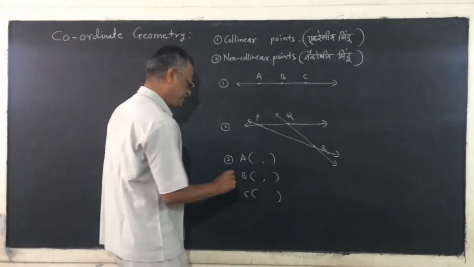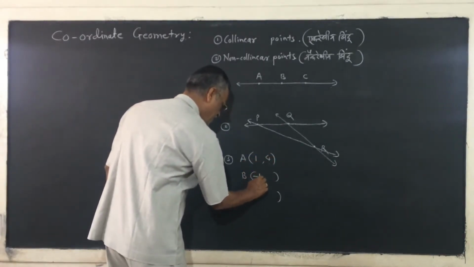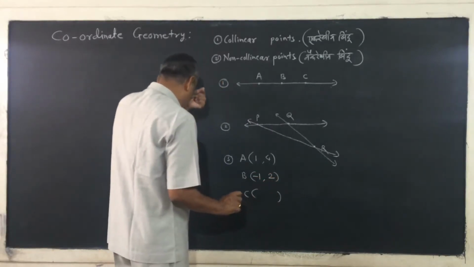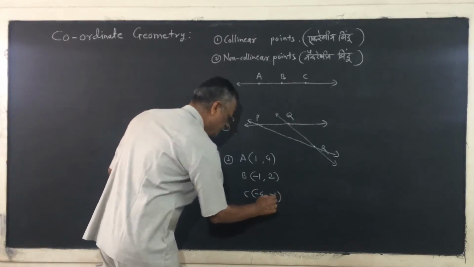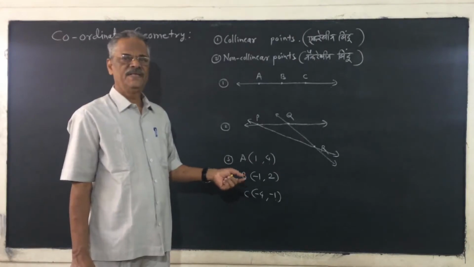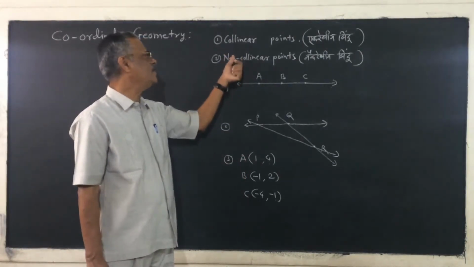Coordinates are given: 1, 4; -1, 2; -4, -1. We have to decide whether the points are collinear or non-collinear.